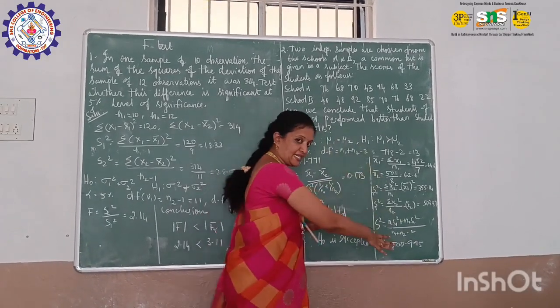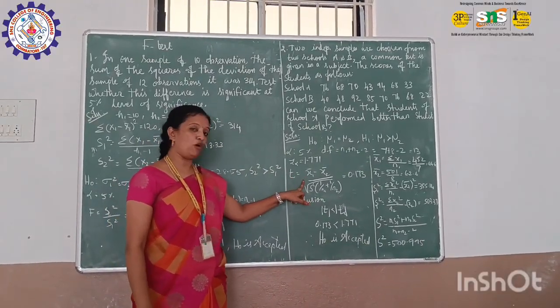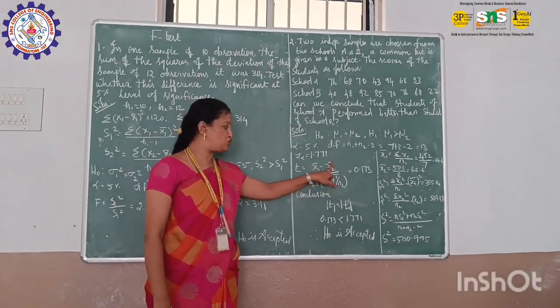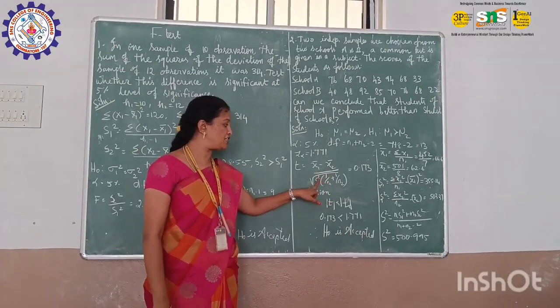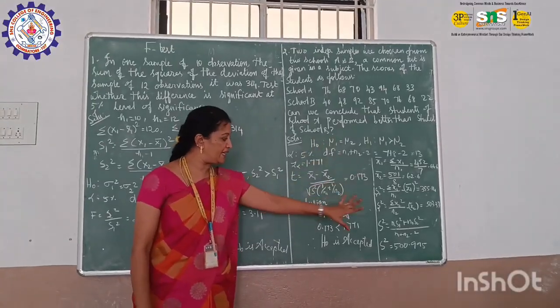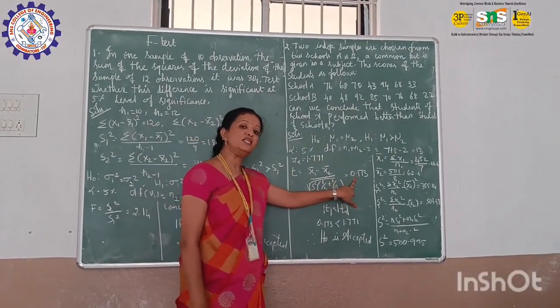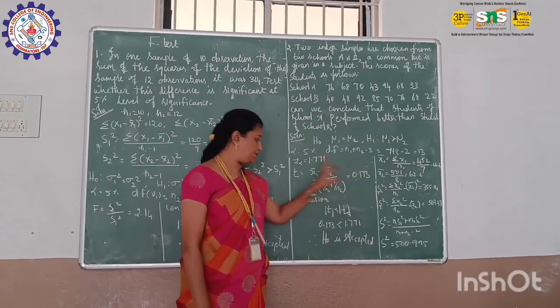So all these data are ready. Now we are testing the hypothesis. The t formula is x1 bar minus x2 bar divided by square root of s square into 1 by n1 plus 1 by n2. All the data values substituted over here, you get the answer. The answer is 0.173.